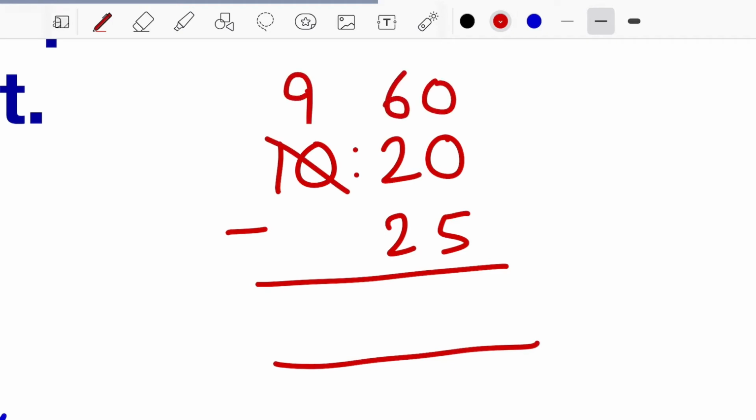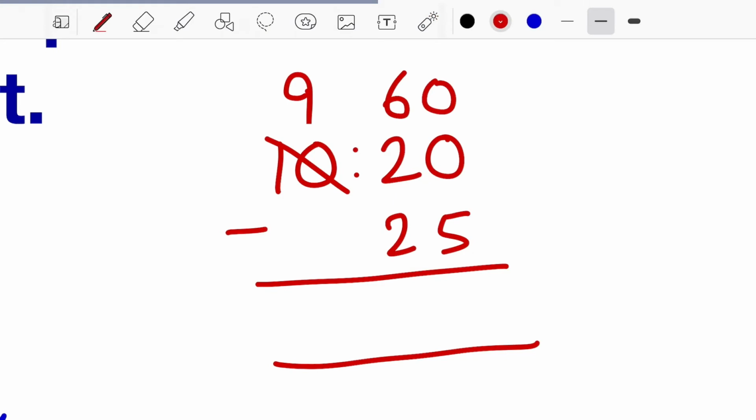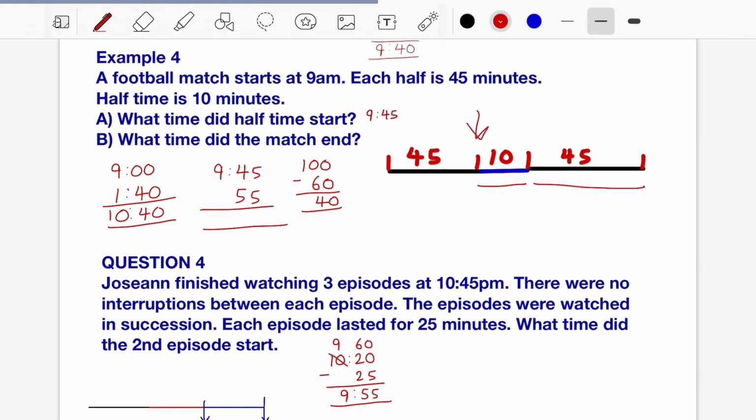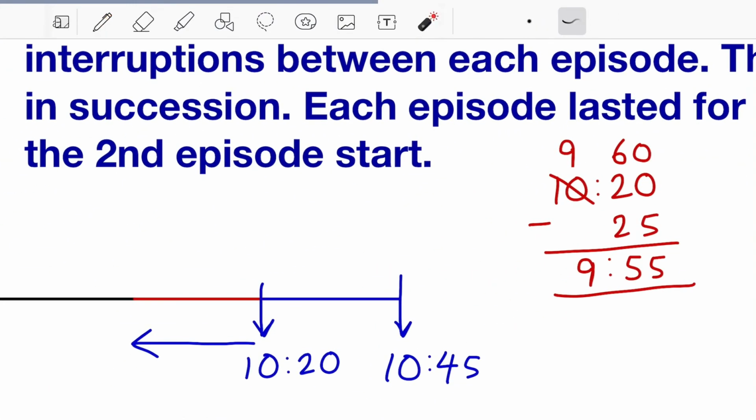So 60 plus 20 is 80. 80 take away 25 will give us 55. So that's 9:55 p.m. that the second episode started, which is also the point where the first episode ended.